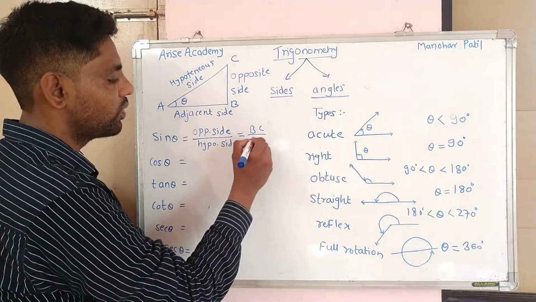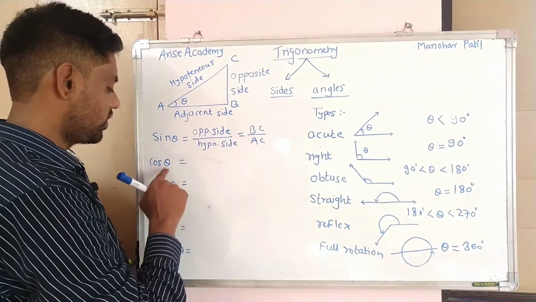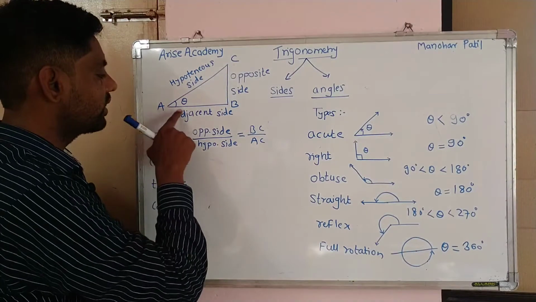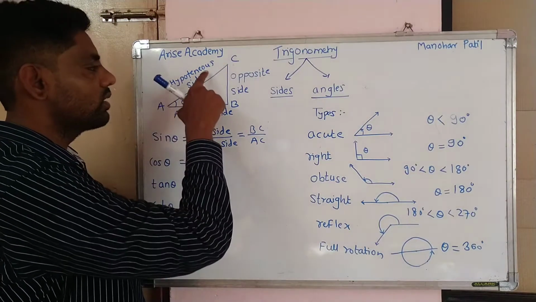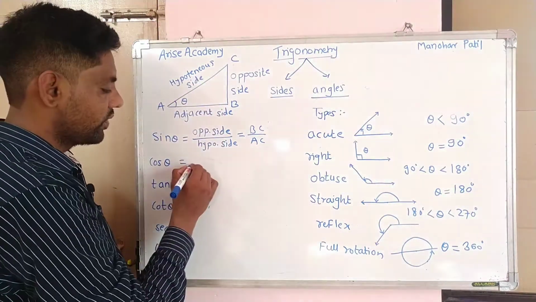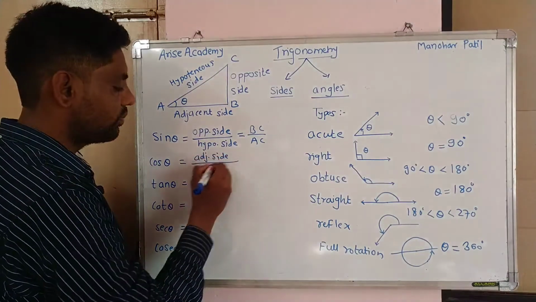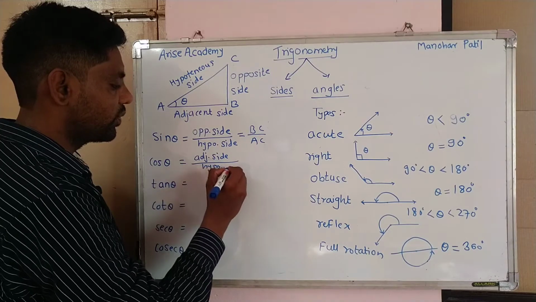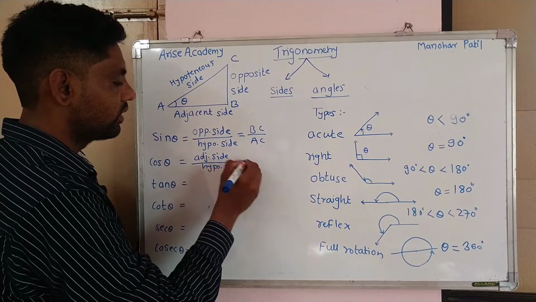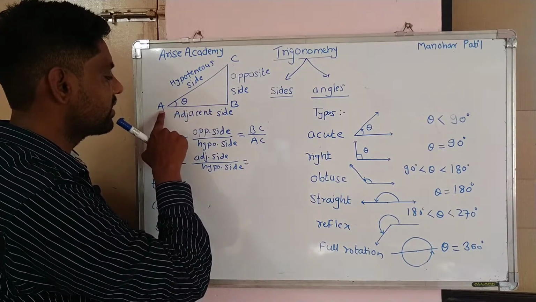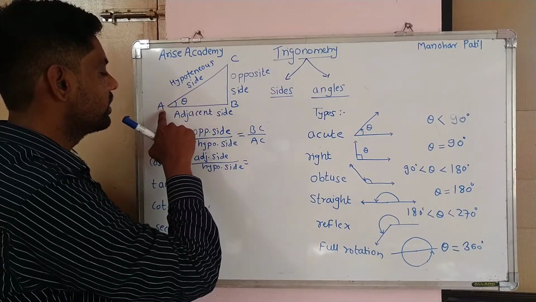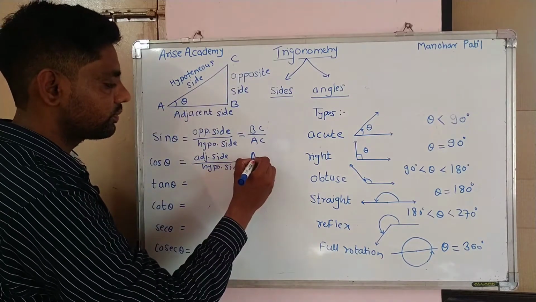So BC upon AC. Cos theta is nothing but adjacent side upon hypotenuse side. Therefore, for this triangle, adjacent side AB divided by AC.